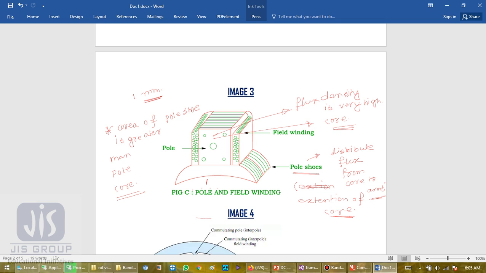Okay. And this is the pole face, this extreme part after which there is the air gap. This is basically the surface of the pole shoe that faces the air gap.